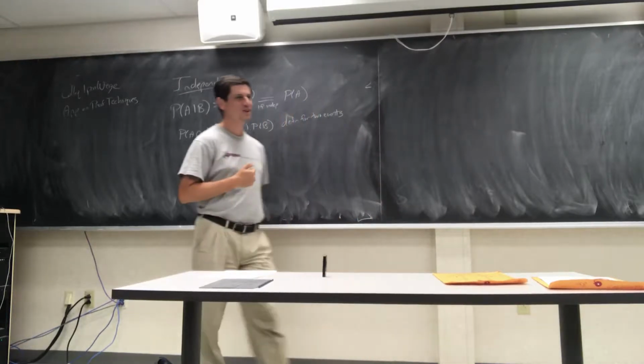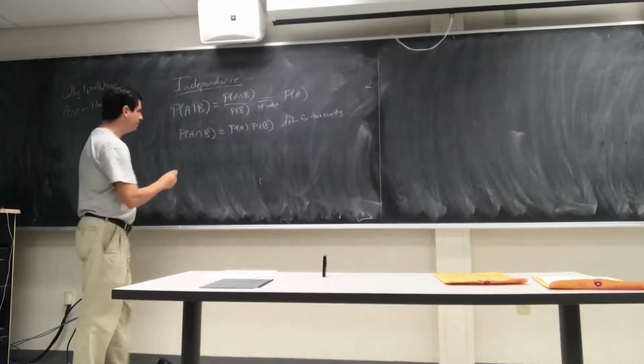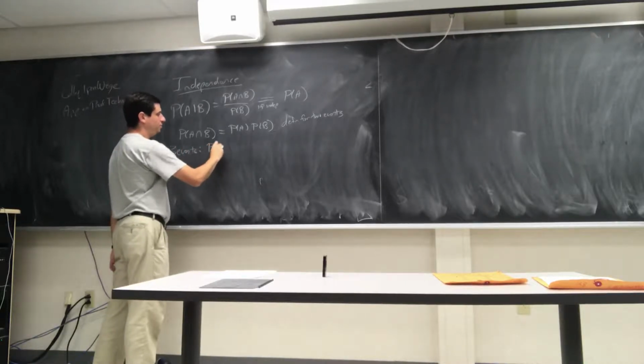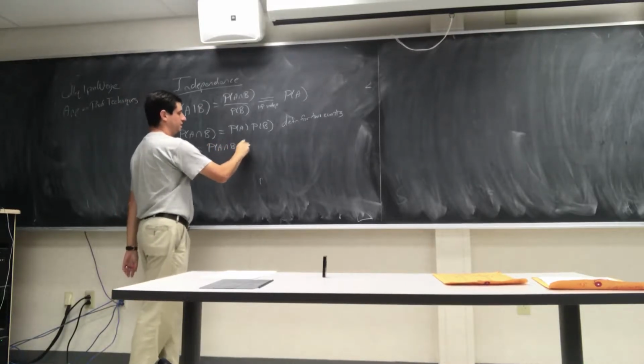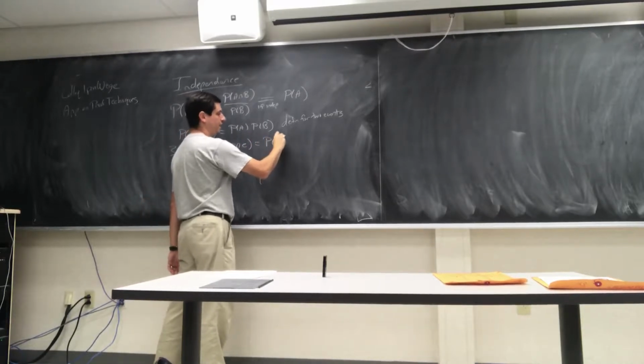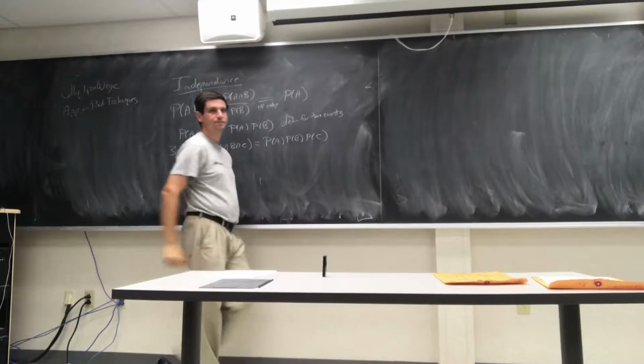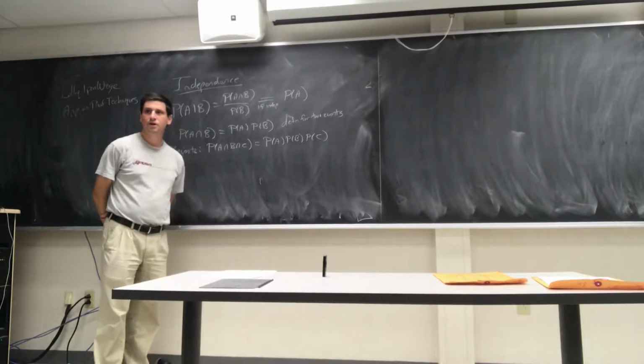What if we have three events? Do you think it should be that the probability of A intersect B intersect C is the probability of A, times the probability of B, times the probability of C? Do you think this would be a good definition of independence?